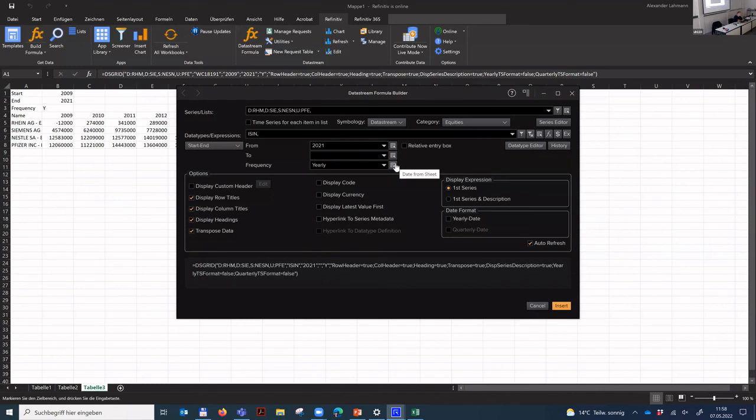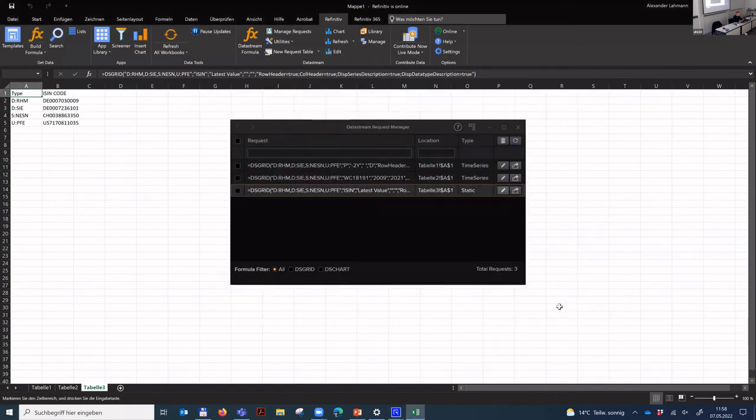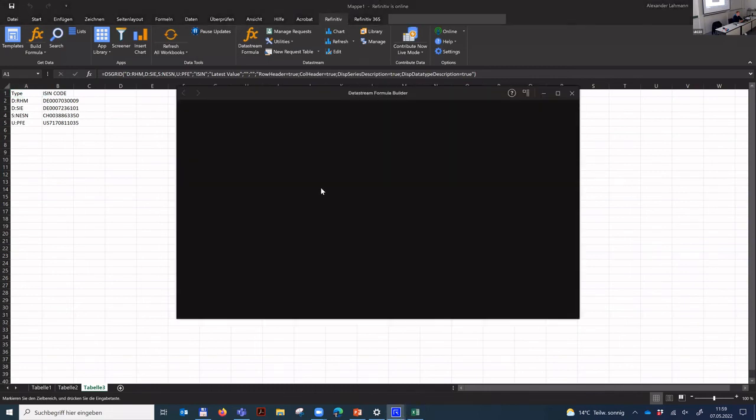Obviously, if I take a static item, I will get only one value. So I simply take the last year. And then I choose data types, expressions. So latest value, ISIN, insert.